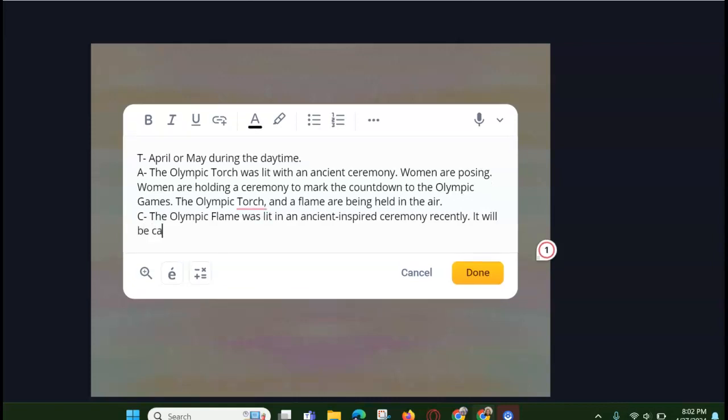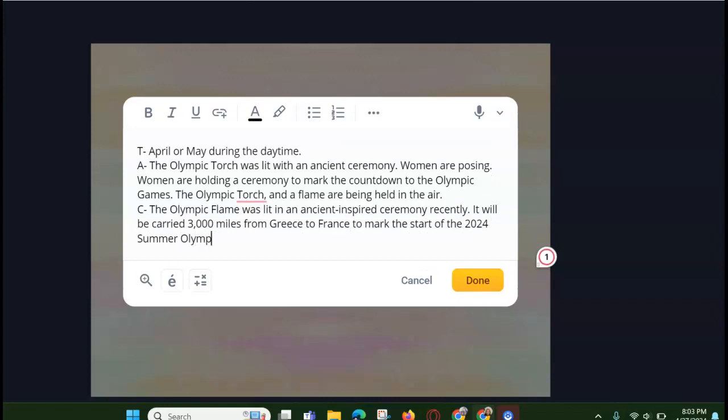It will be carried 3,000 miles from Greece to France to mark the start of the 2024 Summer Olympics.